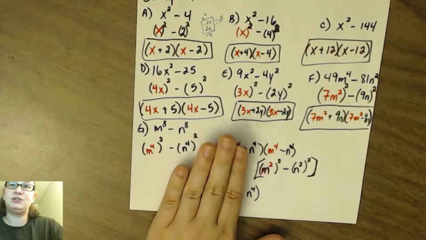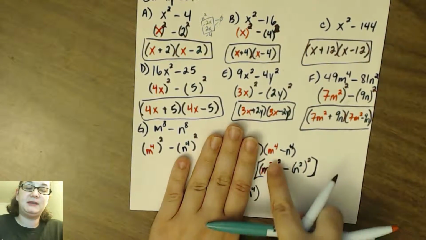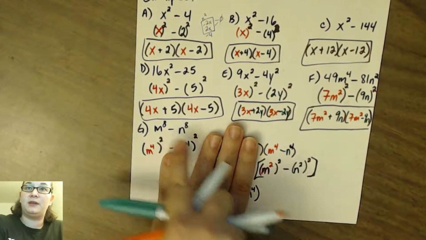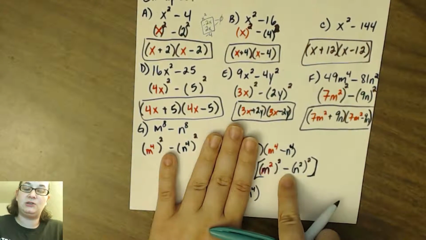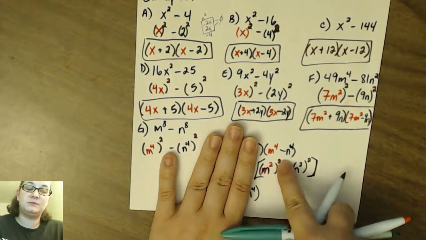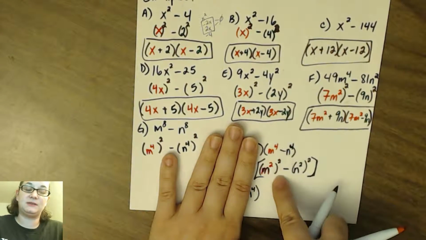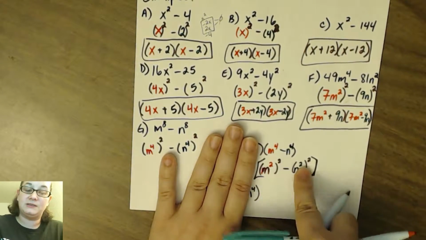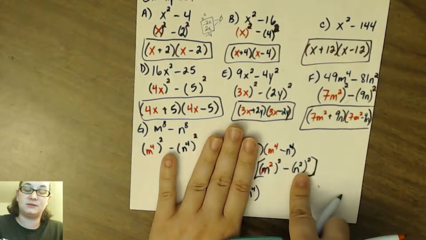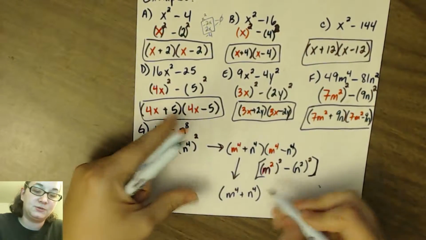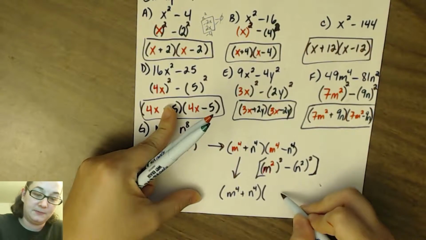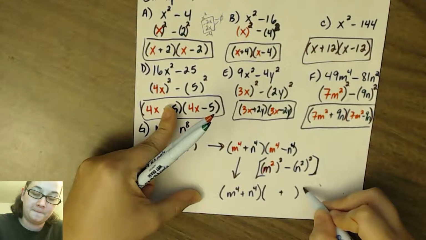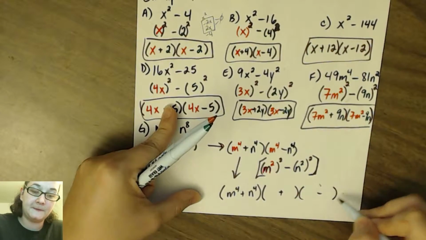So this I didn't change, and I'm updating this like if I had started with it, could I continue to factor that? And if I notice, 2 times 2 is 4, so I can keep reducing this. This is a difference, a subtraction of 2 things that could be written as perfect squares. So I know my answer choice is going to be something with a plus and something with a minus.